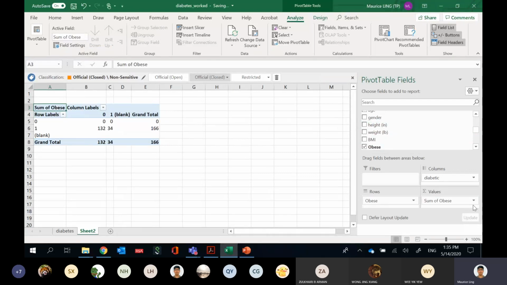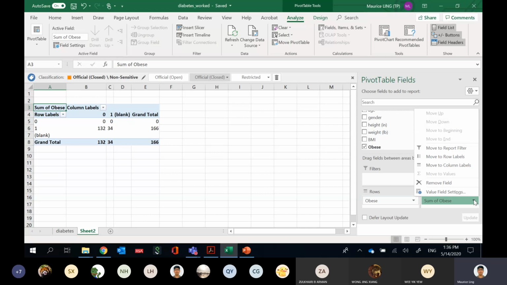Now, do you get this value first? All of you got this value already? Yeah. Okay, but this is a sum. I do not want the sum, I want the count. So look at this arrow here on the side.